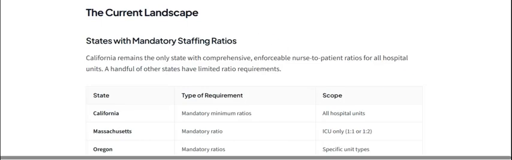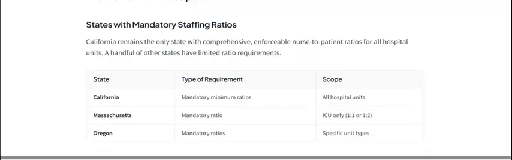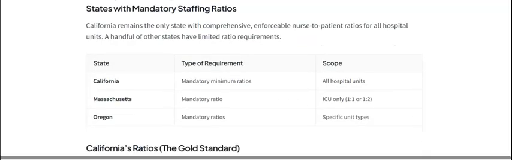So the current landscape, it's going to talk about states that have mandatory staffing ratios, and at this time there are just a few states. California has had mandatory, regulated minimum ratios of all hospital units since 2004.